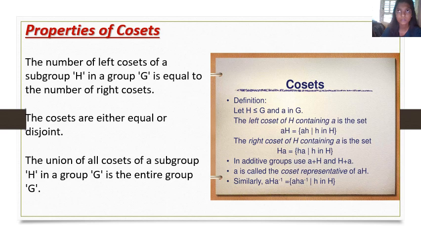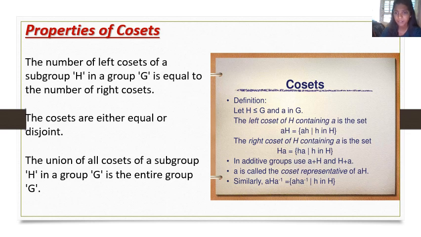Next is the coset definition. Let H ≤ G and a ∈ G. The left coset of H containing a is the set aH = {ah | h ∈ H}.